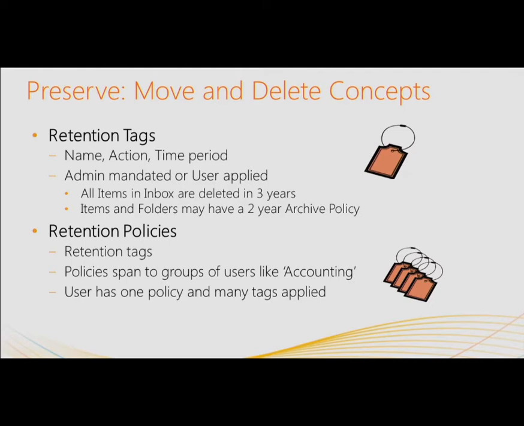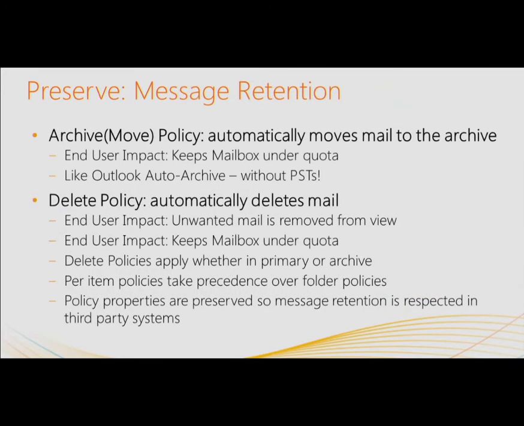The retention tag is going to look something like retain email for 2 years in, say, this folder or in the inbox, and you apply those retention tags. If you're doing mailbox retention management, or MRM, from the server side, by default you would apply these policies to different folders, or the default folders that are part of the inbox. So that's basically retention tags and retention policies that tie together to provide automatic retention for emails in the mailbox.